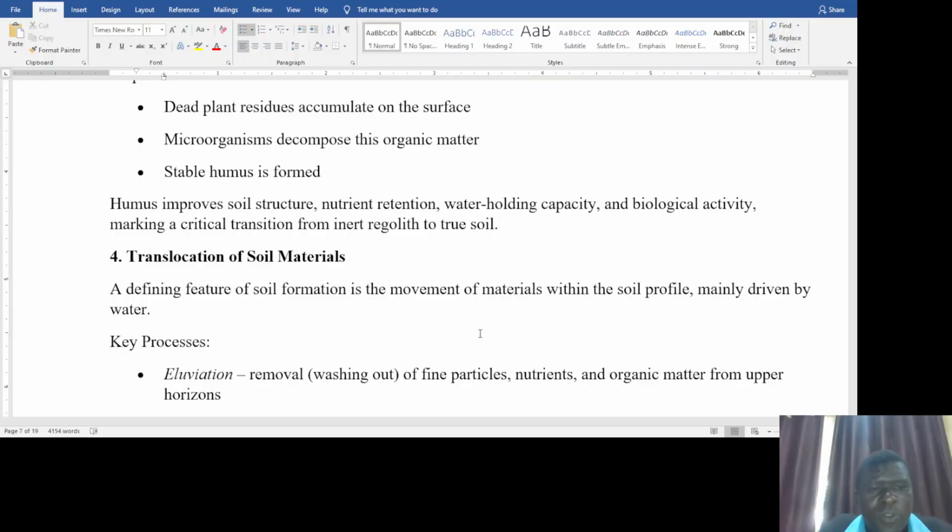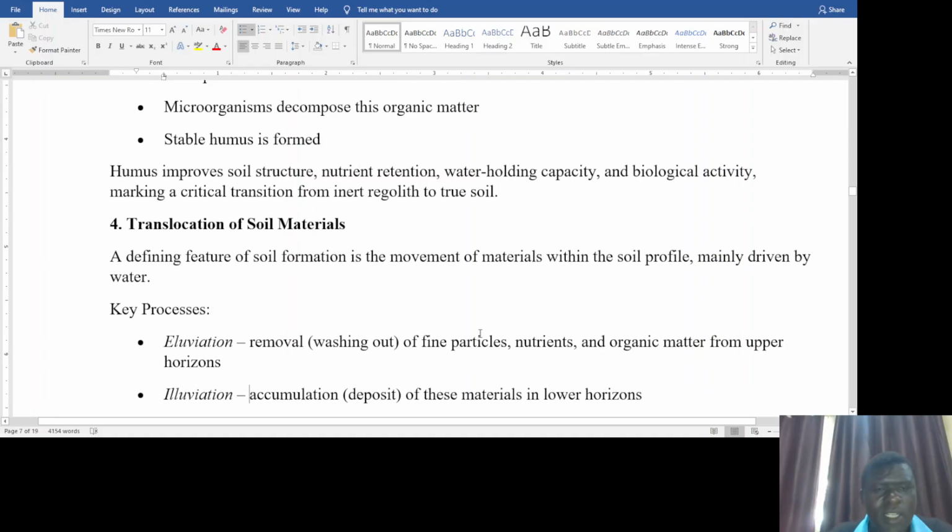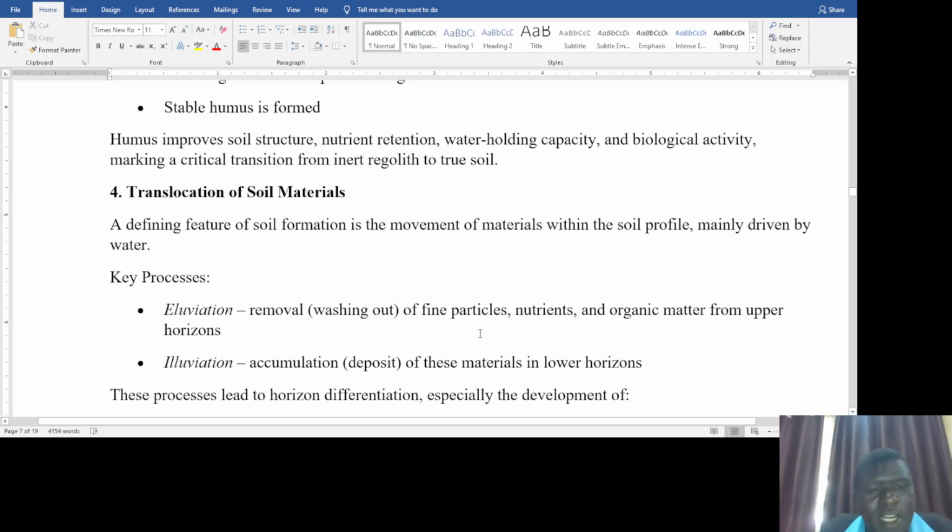And in these processes, the most important, which are normally achieved by water, are two, which is illuviation. And illuviation here refers to the removal or washing out of finer particles of soil and rock, which is broken. Then we have nutrients and organic matter from upper horizons to the lower horizons.